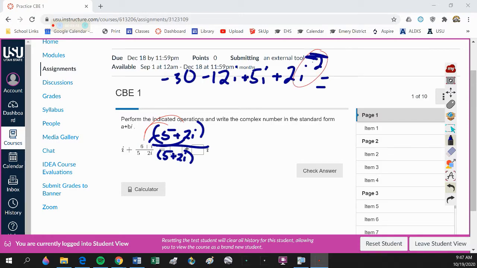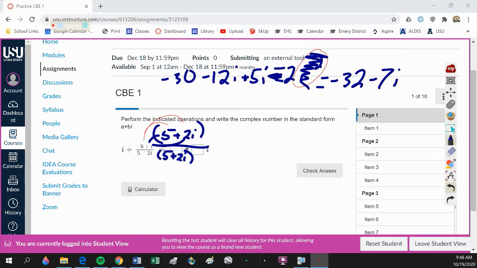So I can get rid of the i squared and change this to a negative. -30 minus 12 is -42, minus 2 is -44. Oh, 12i. Okay, so -30 minus 2 is -32. And then -12i and 5i is -7i.